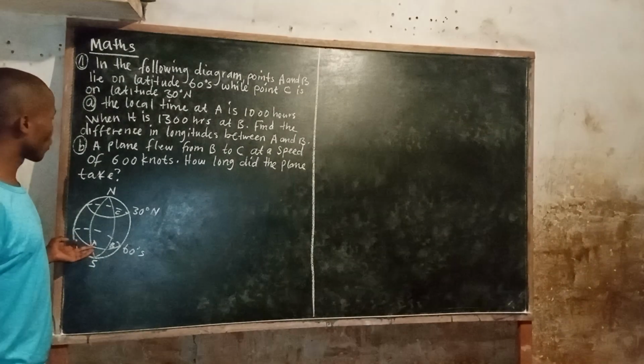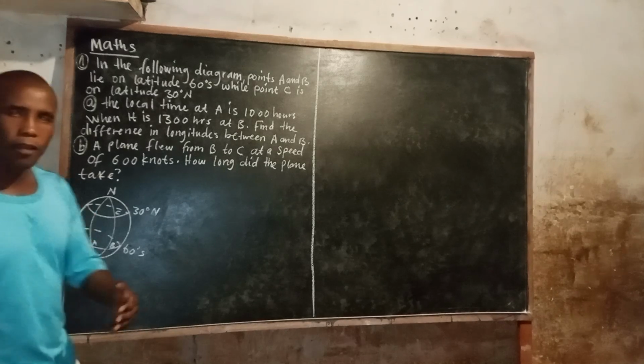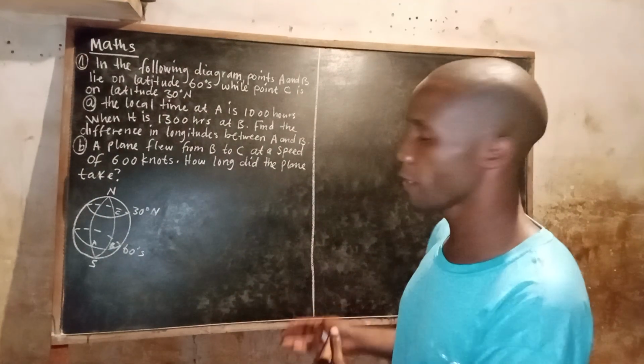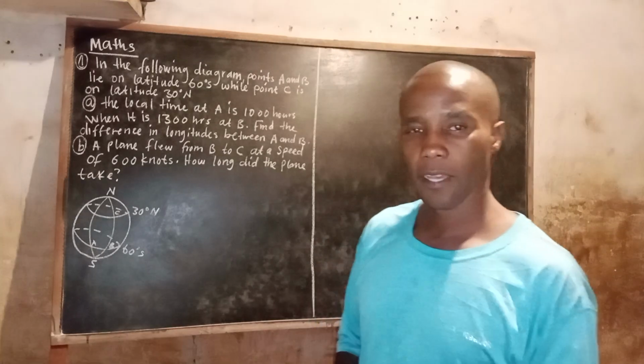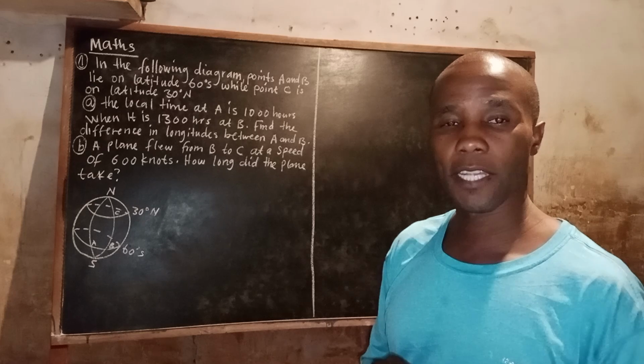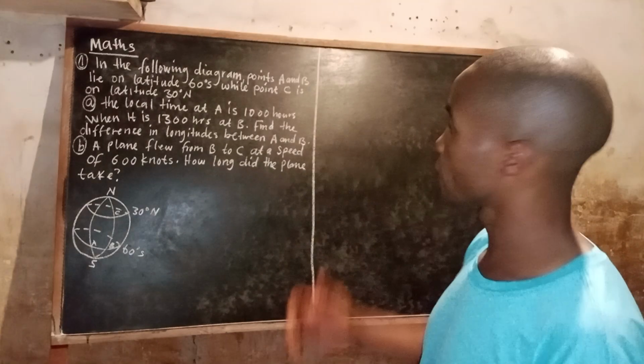For us to find the difference between points A and B in degrees, first of all we have to know the difference between these 2 points in time, because we are given the time there.